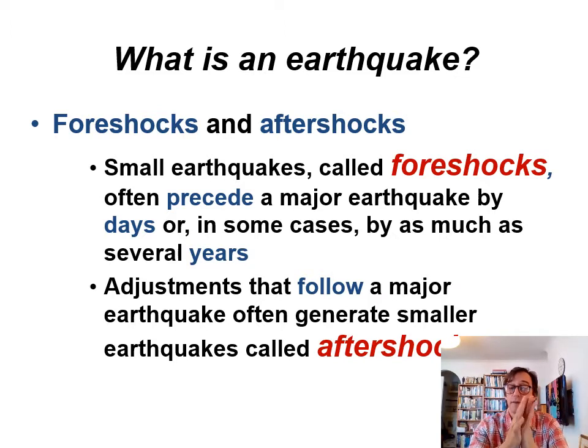But anyway, after the main event, you evacuate the building. If you were inside, do not go back inside that building. There may well be, and there probably will be, aftershocks, and those smaller earthquakes might be just enough to make that building collapse. So because of aftershocks especially, do not go back inside a building after the earthquake has taken place.